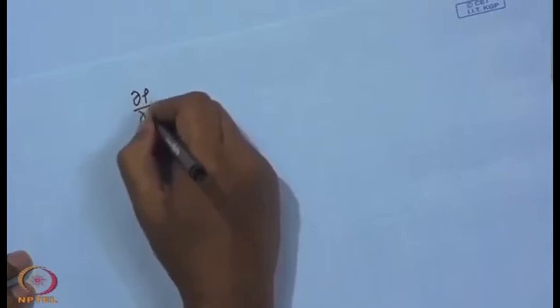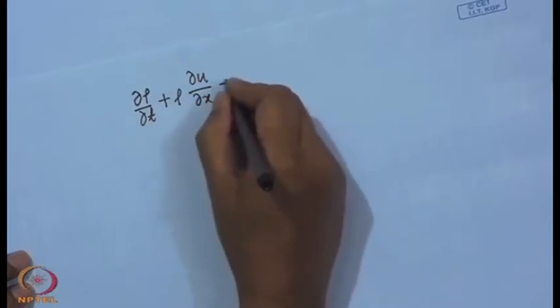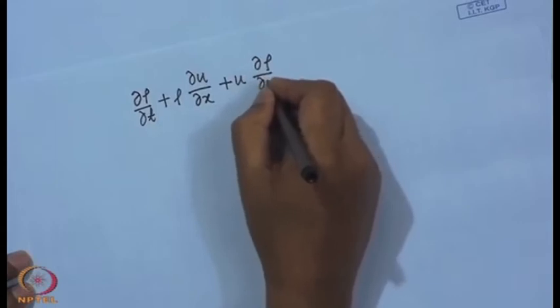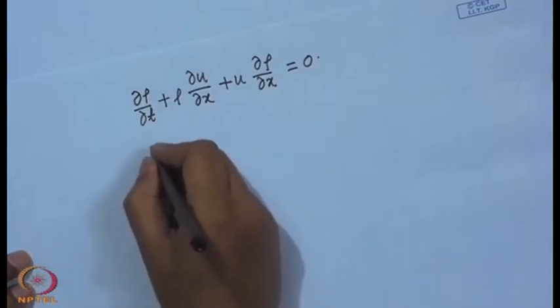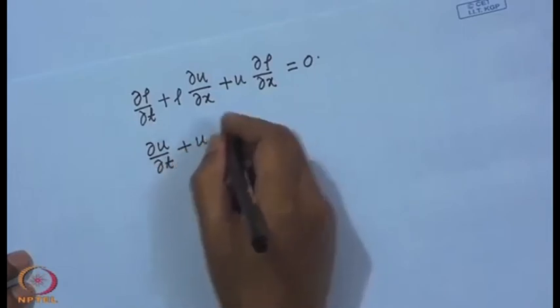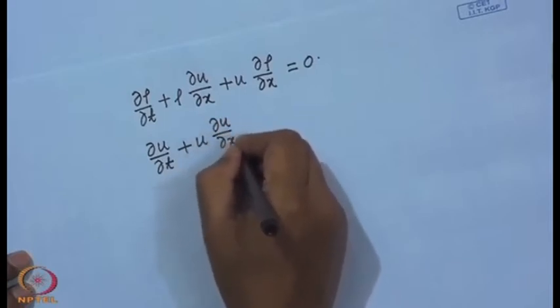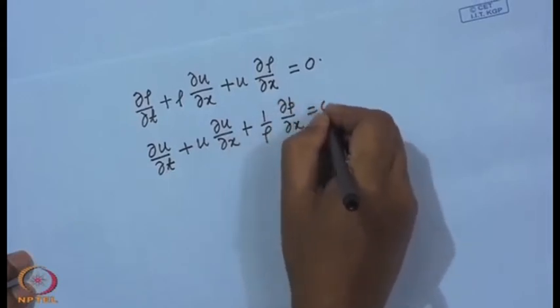Now, considering an adiabatic non-viscous motion in a constant area duct, we have the continuity equation: d rho dt plus rho du dx plus u d rho dx equal to 0, and the Euler's or momentum equation: du dt plus u du dx plus 1 by rho dp dx equal to 0.